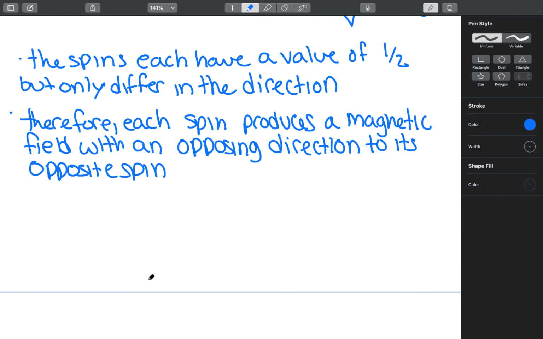So now that we know that electrons can occupy different spin states, we can understand the Pauli exclusion principle.